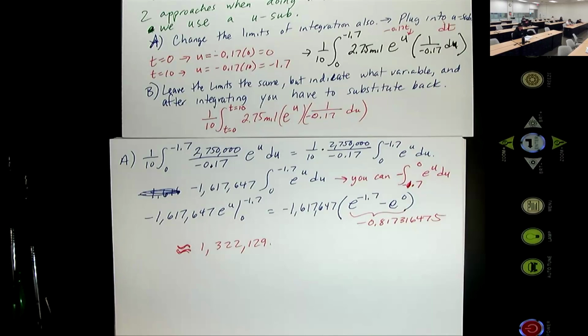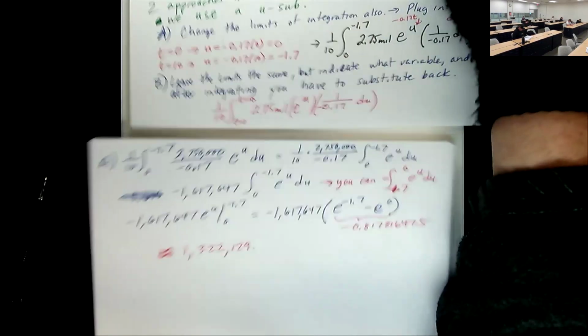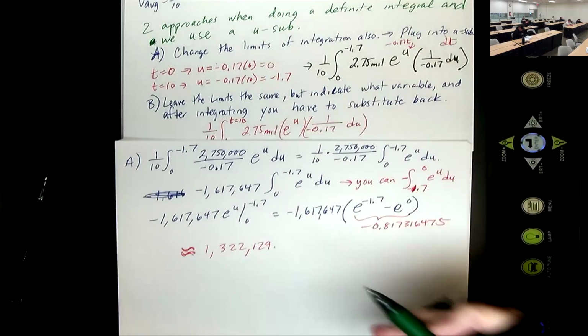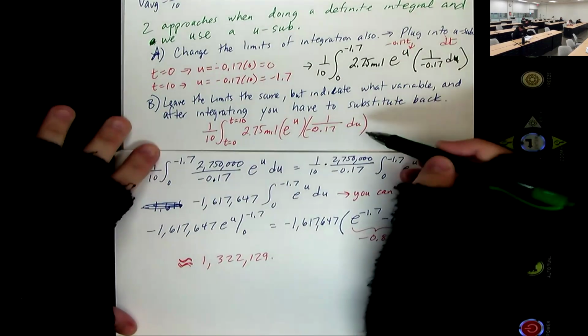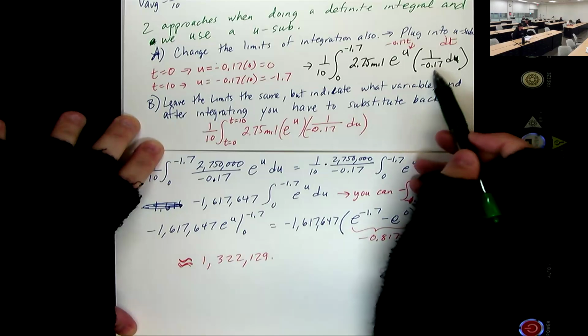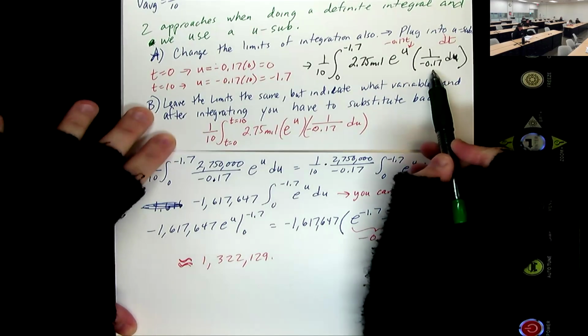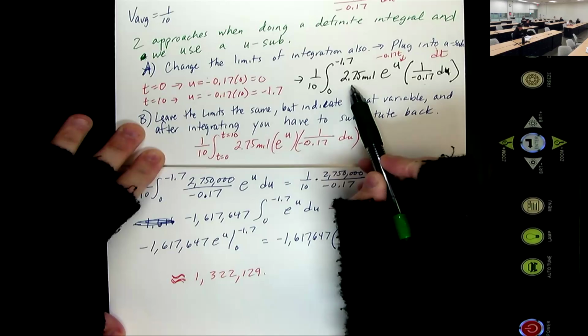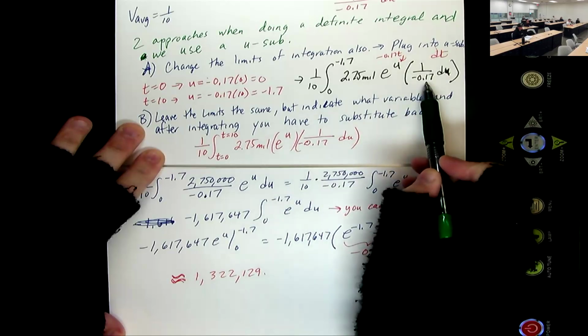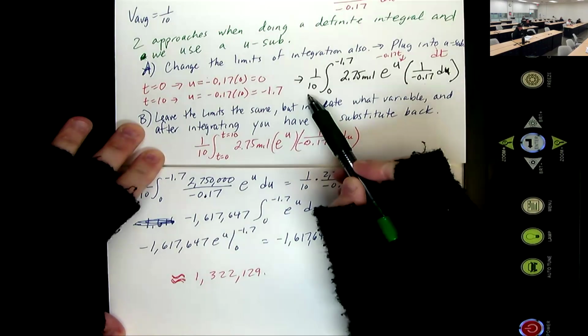Alright, let's do it the other way with method B. Notice B still has the negative 0.1, it's got the 2.75, the negative 0.17 on bottom, and then 1/10 on bottom.